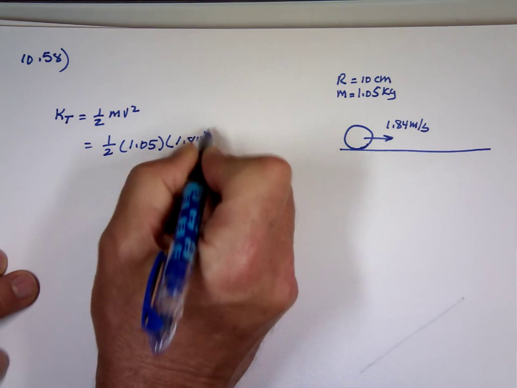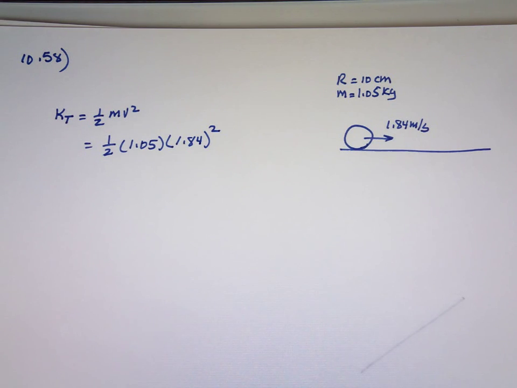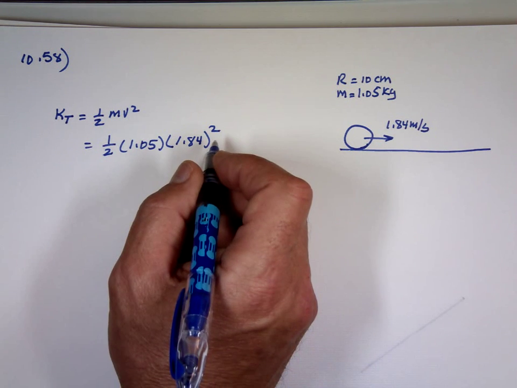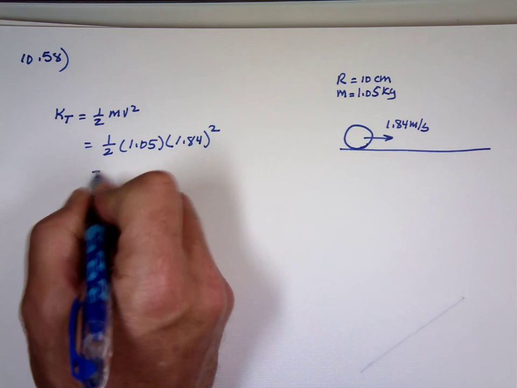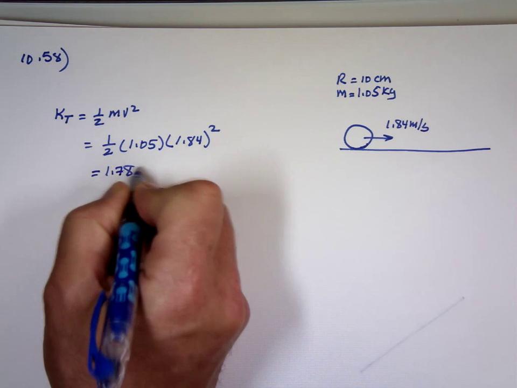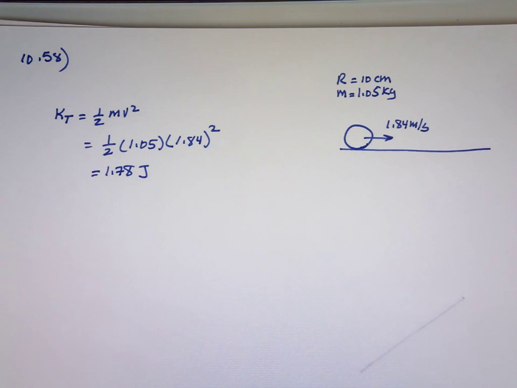With 3 significant digits, 1.78. So the translational is 1.78 joules.